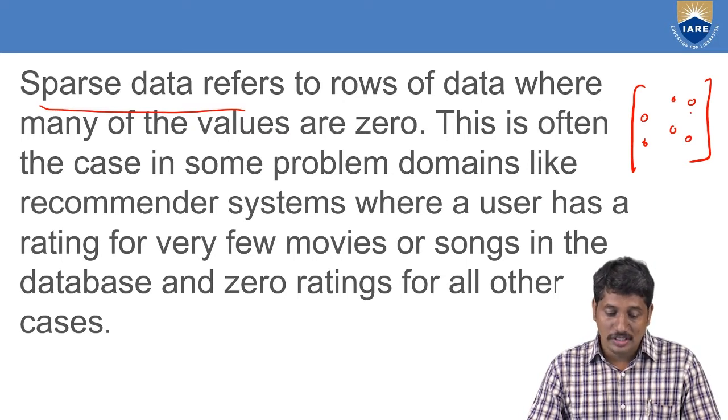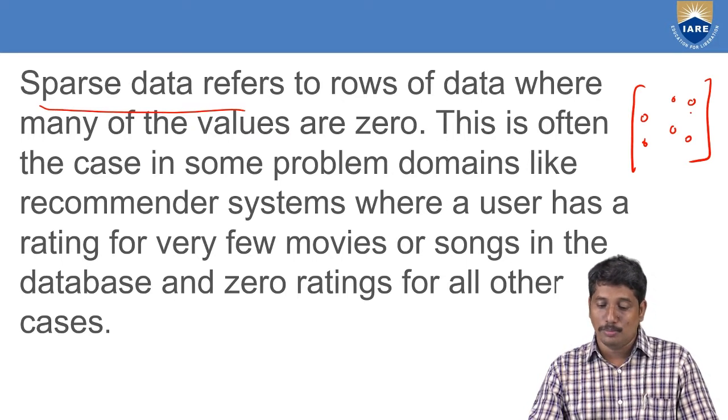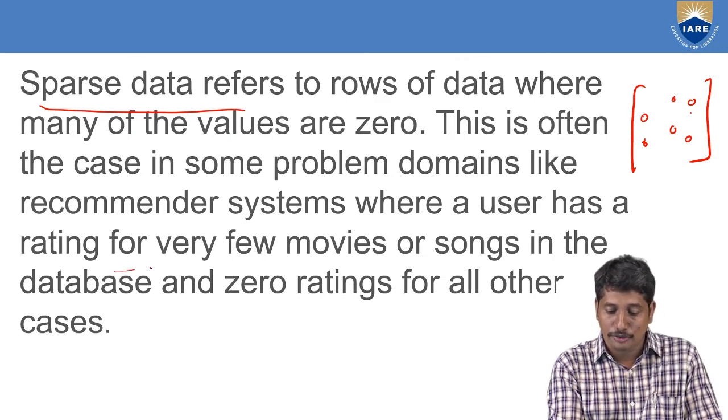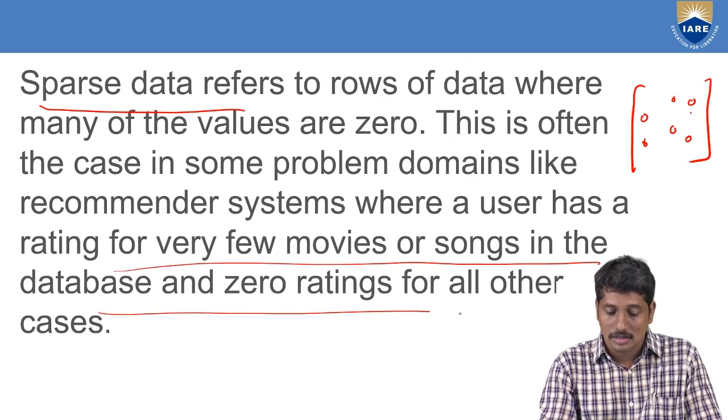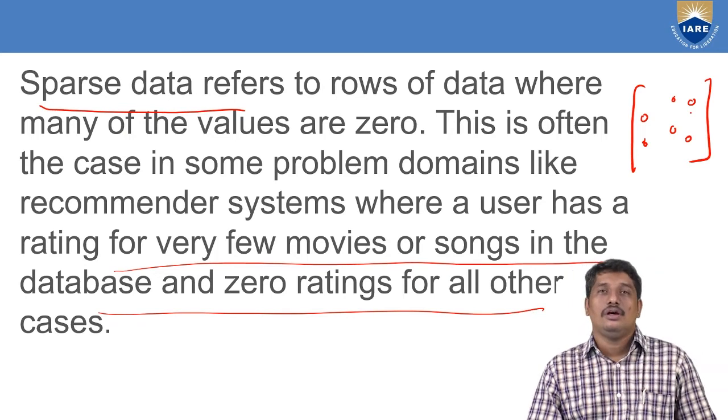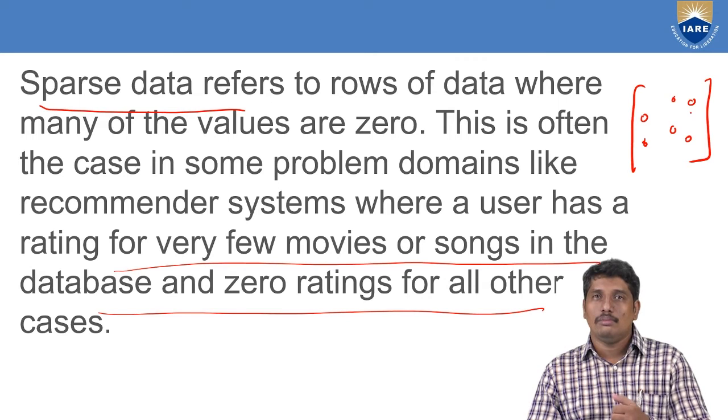This is often the case in some problem domains like recommender systems, where a user has a rating for very few movies or songs in the database, and zero ratings. Here, zero represents low attention towards the movies.